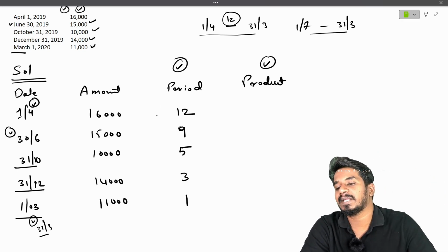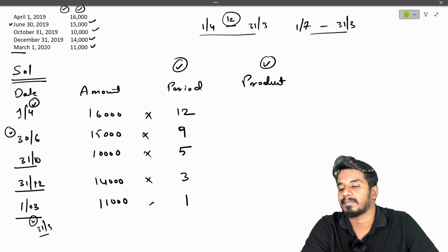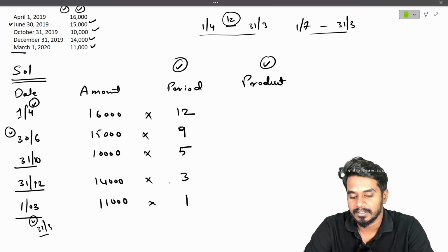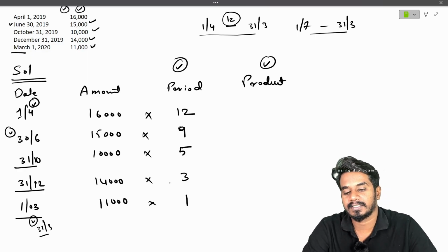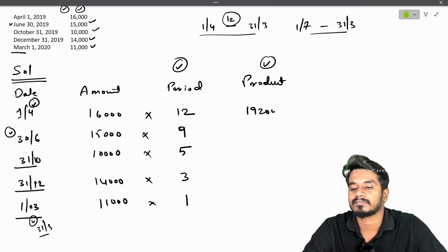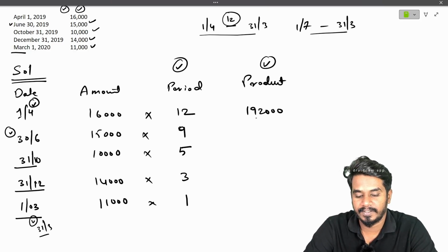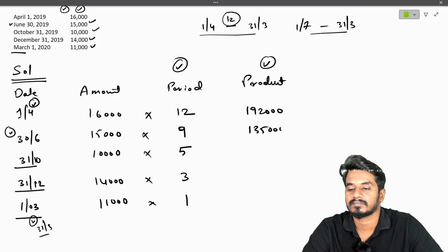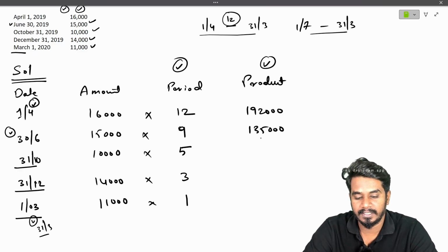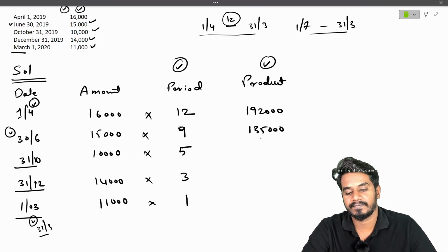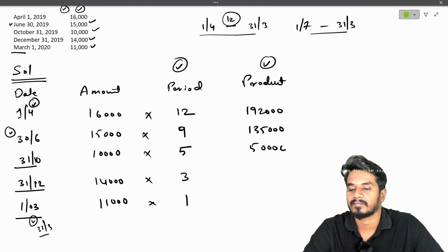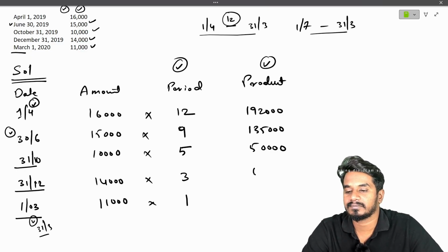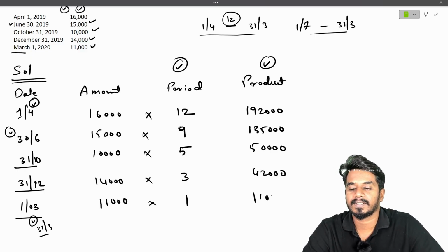Just multiply these things. Let me take my calculator and multiply. 16,000 into 12 months is 1,92,000, and 15,000 into 9 is 1,35,000, and 10,000 into 5 is 50,000, and 14,000 into 3 is 42,000, and 11,000.